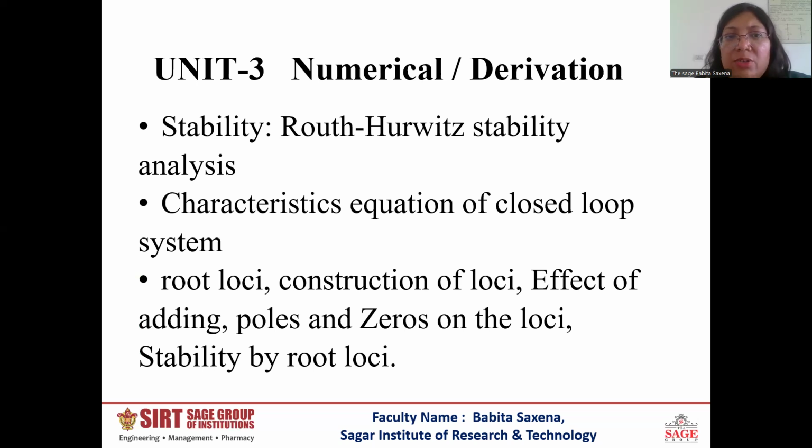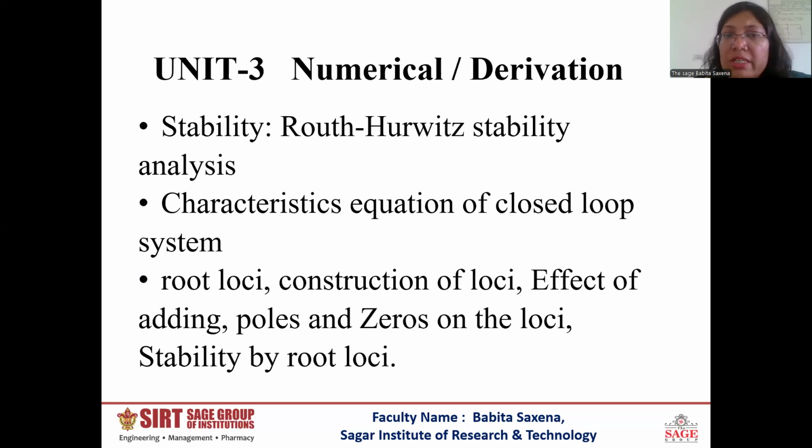Unit 3 numerical is stability: the Routh-Hurwitz stability criteria, numerical of Routh-Hurwitz, the characteristic equation of the closed loop system and the roots of the equation, that is the poles and zeros, and according to the poles and zeros, the stability of the system. These are numerical and are very important portions of all the 5 units.